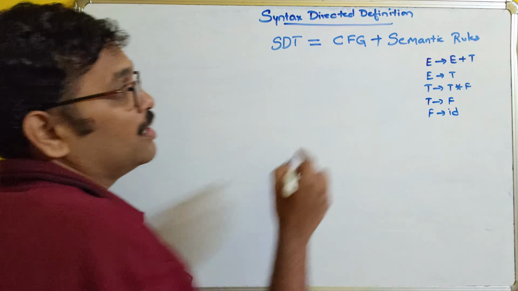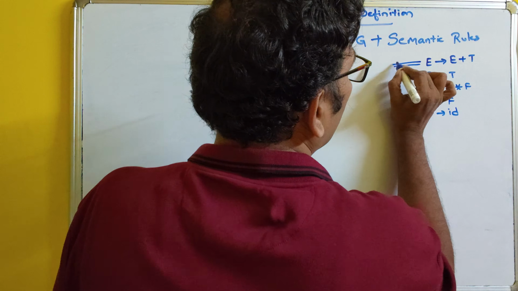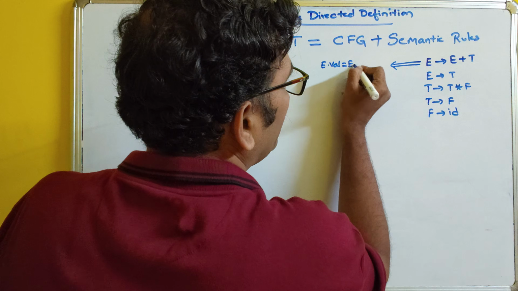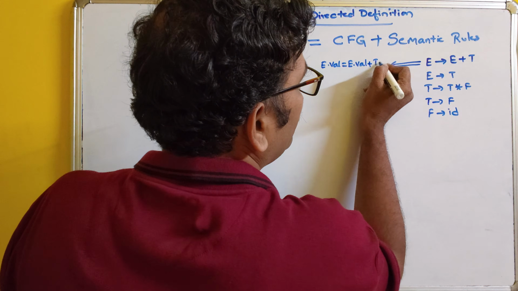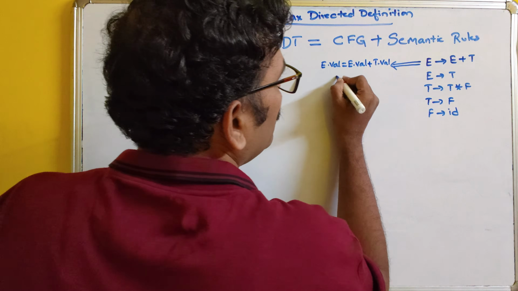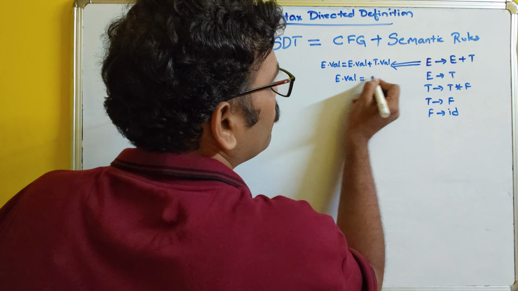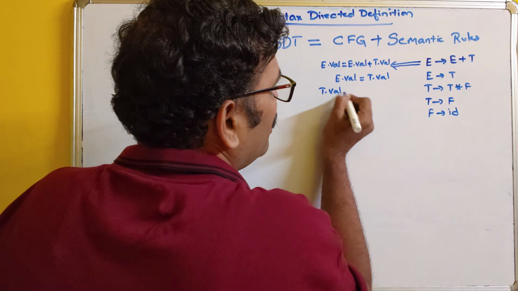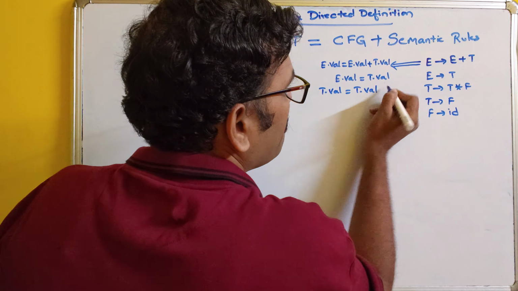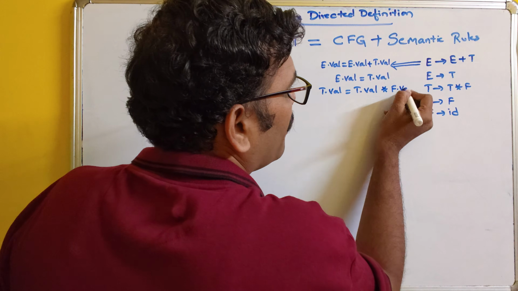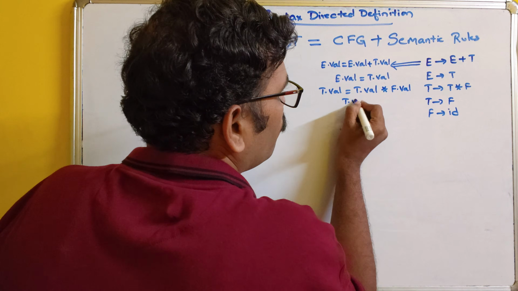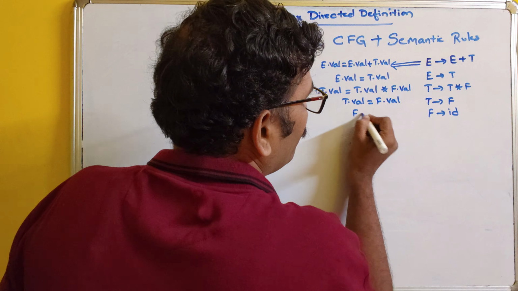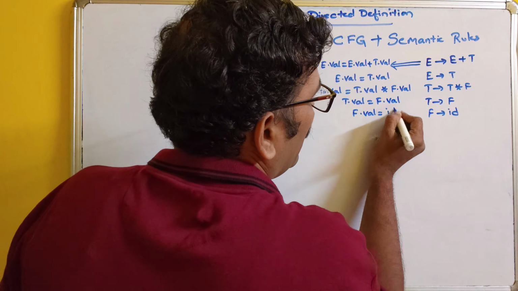Then what about the rules? E dot val is equal to E dot val plus T dot val. Similarly, E dot val is equal to T dot val. Next, T dot val is equal to T dot val into F dot val. And T dot val is equal to F dot val. And F dot val is equal to ID.